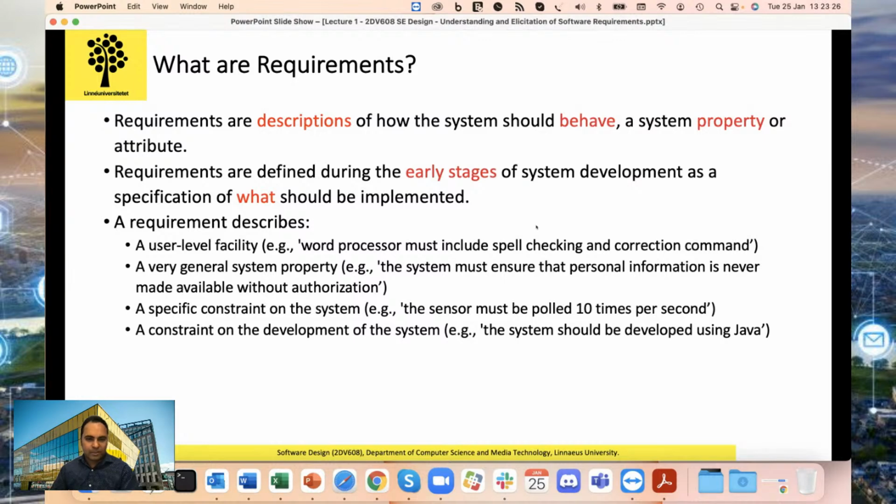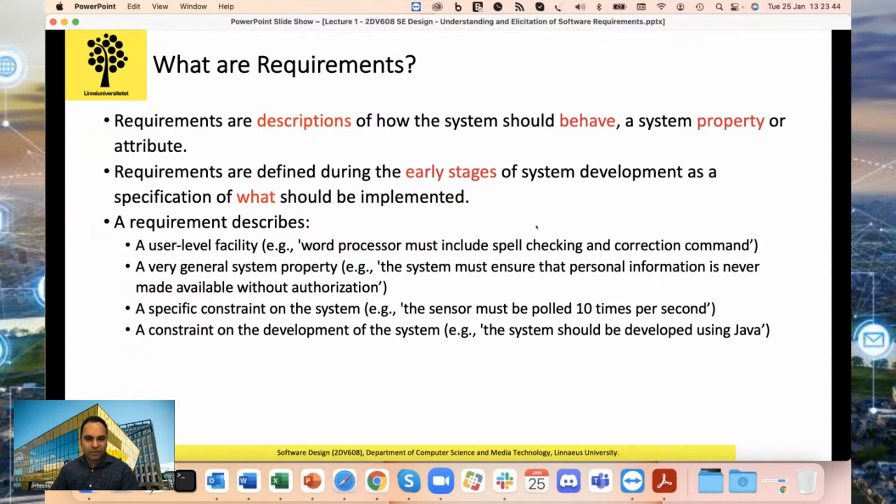For example, if you want to log into a system, you should be an authorized user before you actually start using the system. And this can be some constraint on the system.